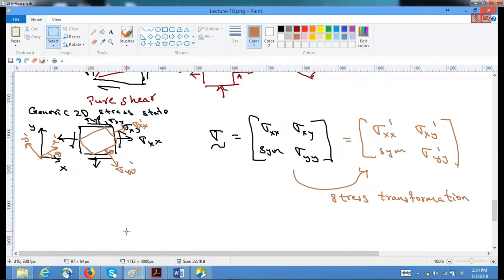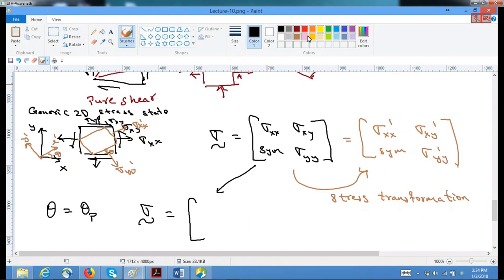there is one angle, if theta equals theta p, then the same sigma would look like sigma 1, 0, 0, sigma 2.